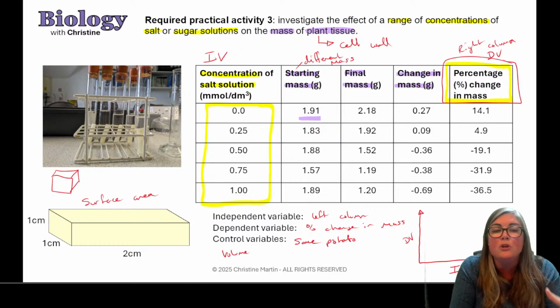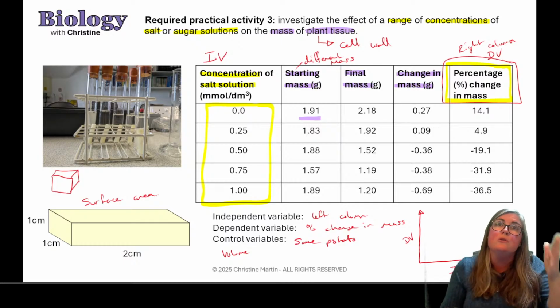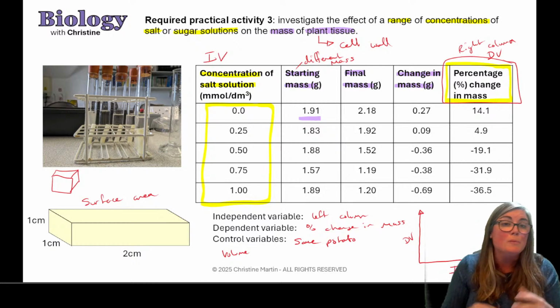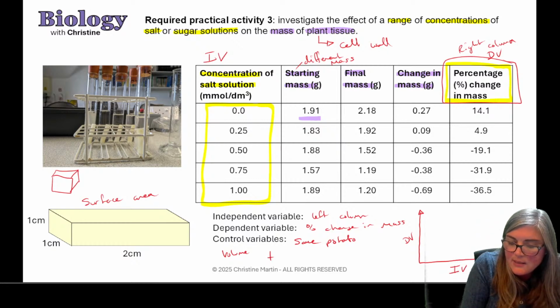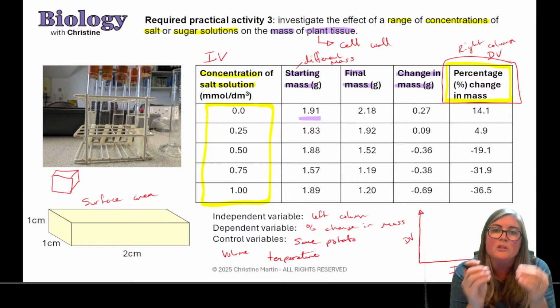So when you're doing your practice, when you're doing your investigations, you should know a set list of what variables you should go to. Have I controlled my temperature? I said earlier that temperature affects the rate of diffusion. Well, osmosis is the diffusion of water.